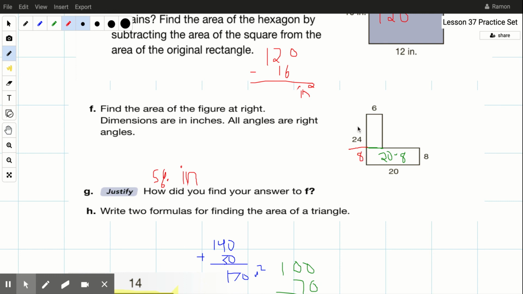So this and this portion combined make 24. So then how do we solve for x? We subtract the 8 from both sides. Cancels out. 24 minus 8 is 16.